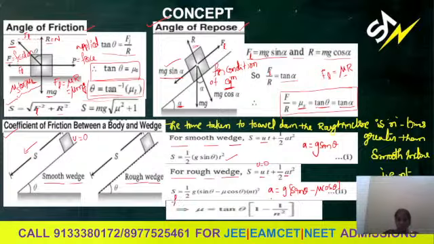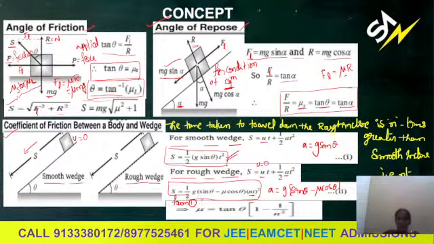From equations 1 and 2, this is equation 1 and this is equation 2. In equation 2, the time taken on the rough wedge is n times greater than the time taken on the smooth incline, so we consider t as nt, giving nt whole square.